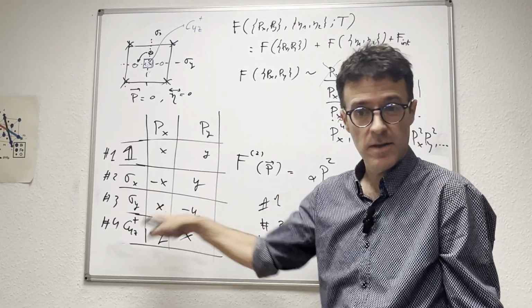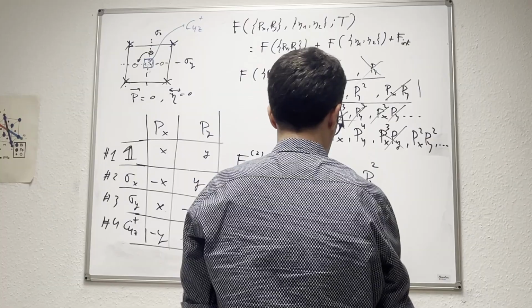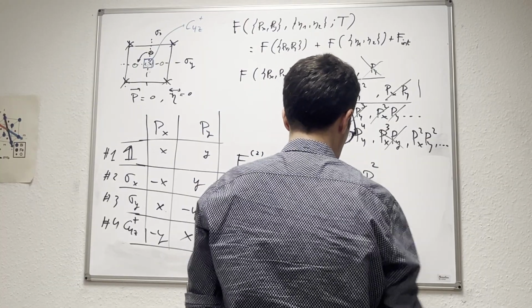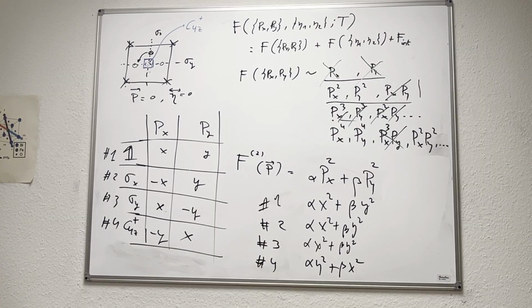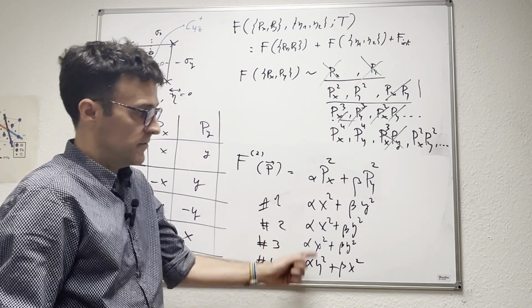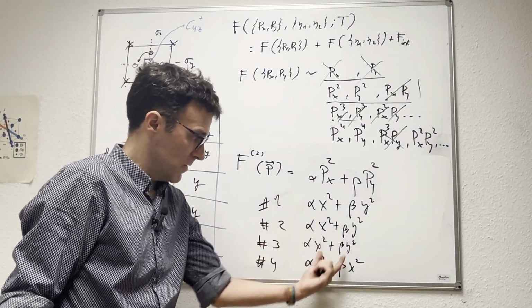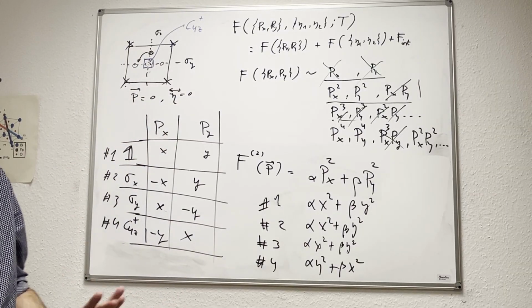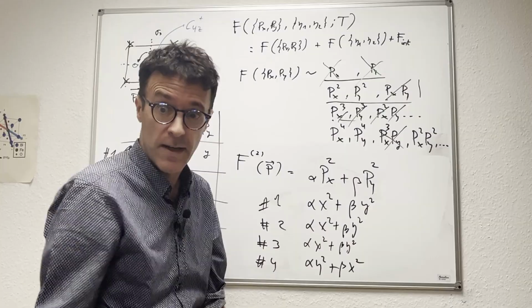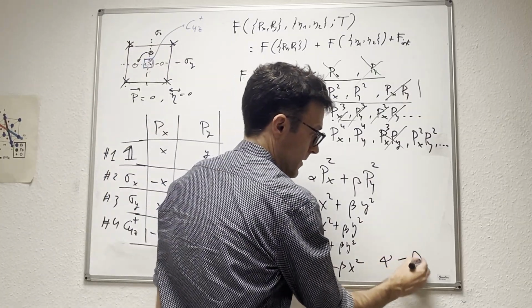There is also a change of sign, but that doesn't matter because there is a square. So I get something like alpha y squared plus beta x squared. All these have to be the same for arbitrary choice of y and x. The first three don't give us much information because they are obviously the same. But if I compare this one to this one, and this has to be the same for any x and any y, it's pretty clear that this can happen only if alpha equals beta.